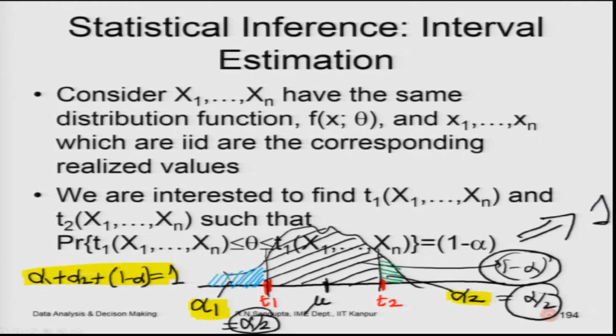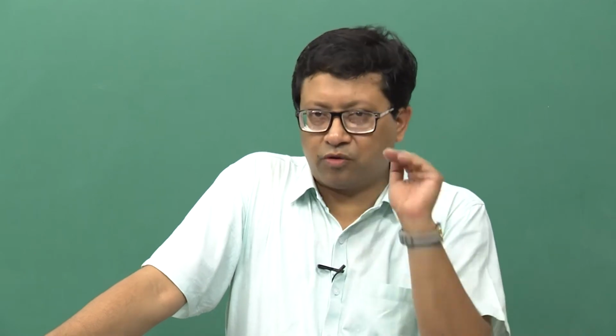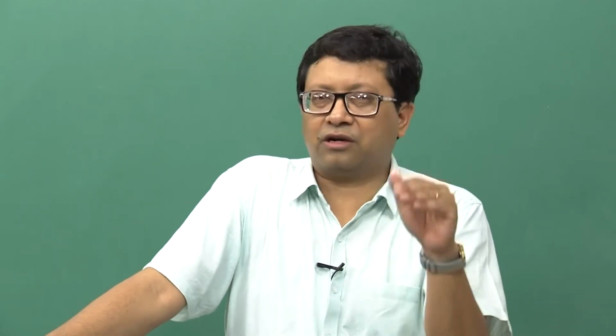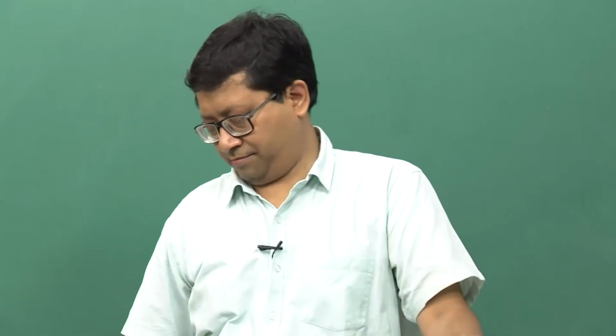So, we are interested to find out the lower control limit and the upper control limit, given by functional forms T1 and T2, such that the probability of the mean value or the parameter value of the population being bounded by that lower control and upper control is given by 1 minus alpha, which is the level of confidence.